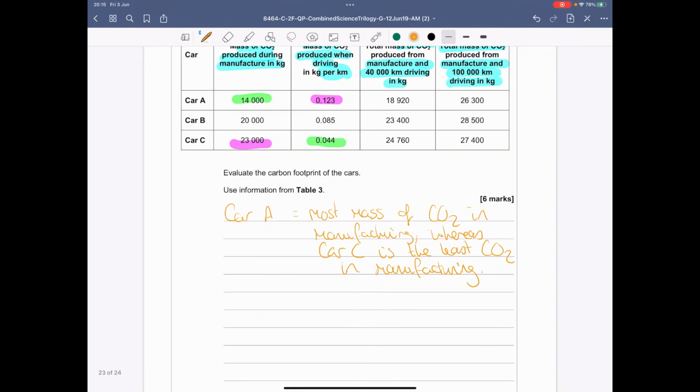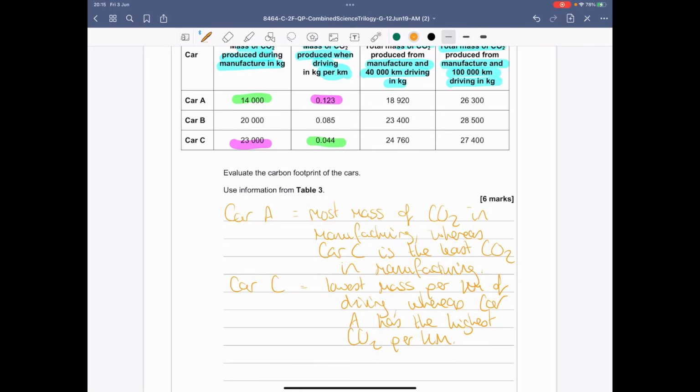Then you can say the next point: car C has the lowest mass per kilometre of driving, whereas car A has the highest CO2 per kilometre.